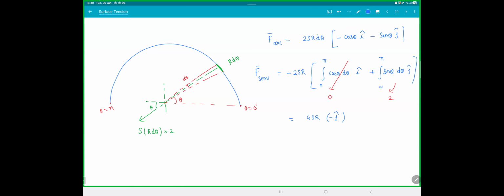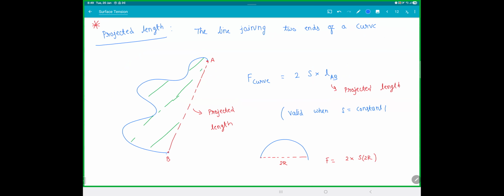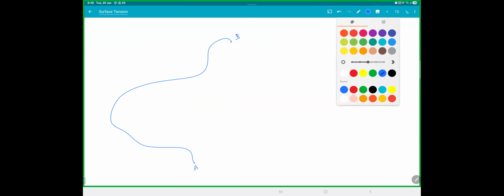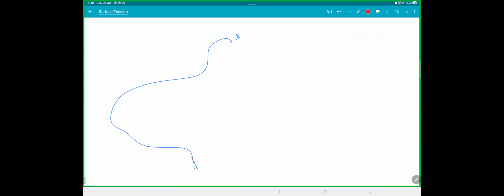But is everything clear with the integration? Meaning we can prove this mathematically also. See, if you have any random curve like this, and you take a point here, let's call it dl1 bar, and one more point here, dl2 bar, and one more here, dl3 bar, and so on.